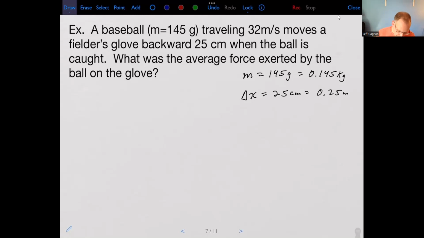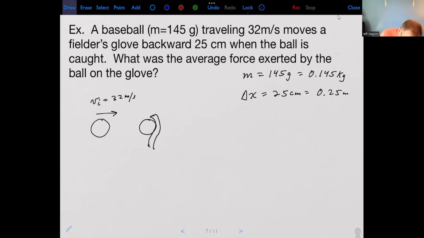Okay, so here's the picture. Let's say this is the ball. It's moving with an initial speed of 32 meters per second right before it's caught. And then it's caught by a fielder here, so you have their hand.